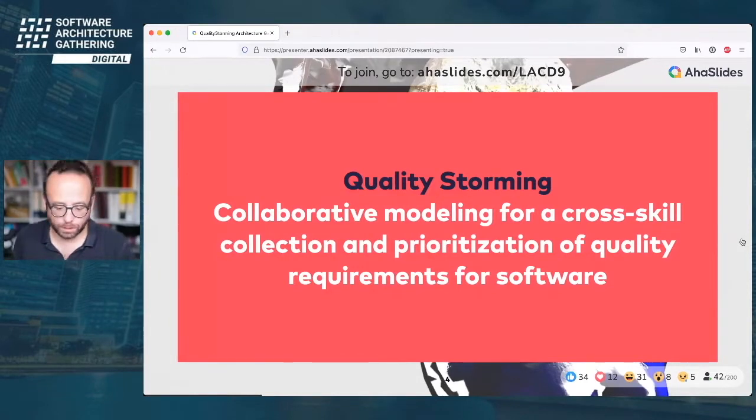So basically, quality storming picks up on many ideas from the collaborative modeling area. Yeah, and where we want to combine various skills, various perspectives, various people into collecting quality requirements for software and prioritizing them.